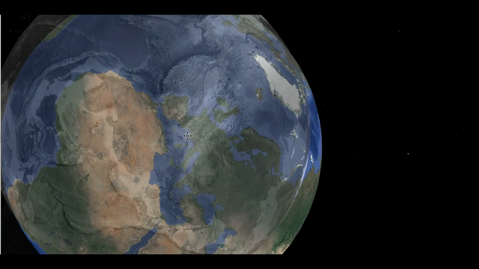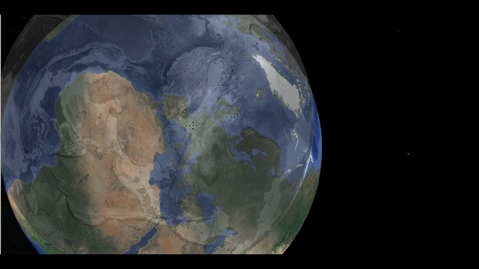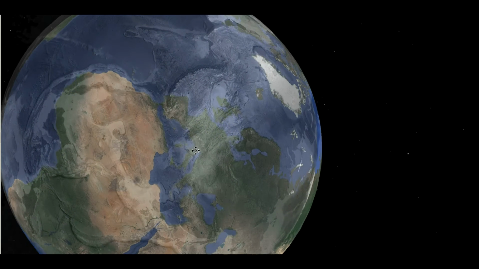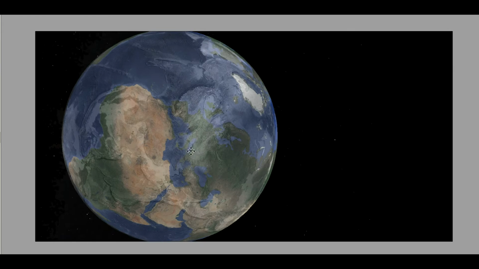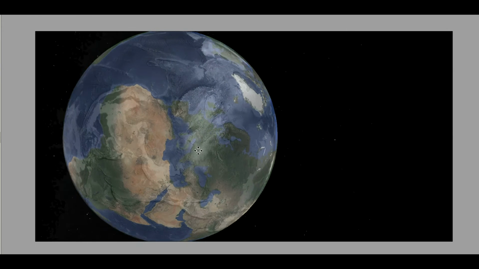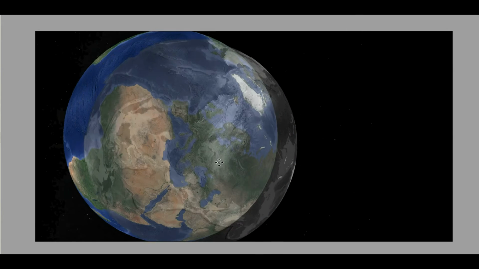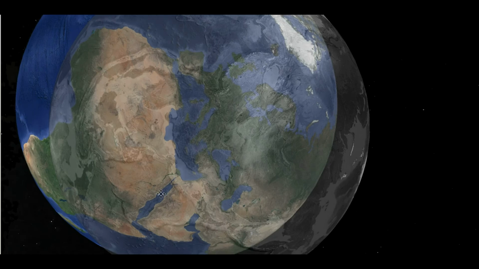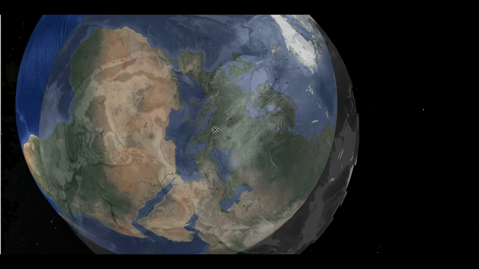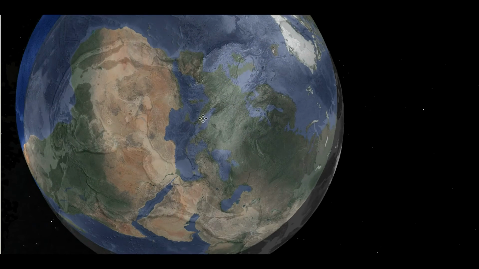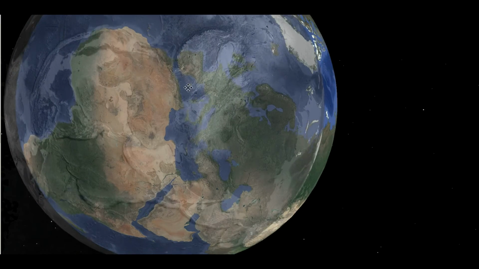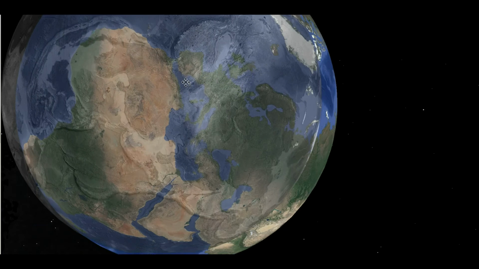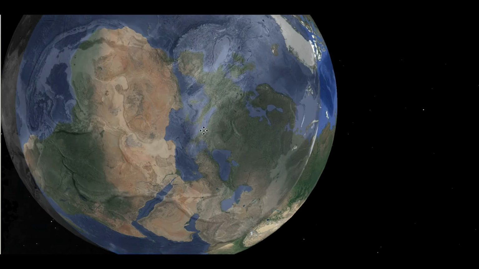I think it goes this way. Yeah, like that. You got the overspill dropping down here. How it lines up there.